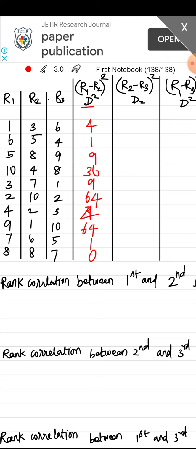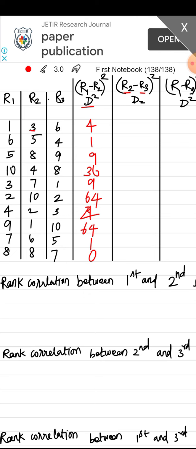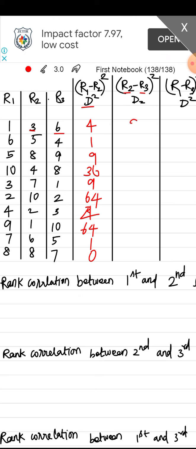Then we have to find the value of d square for the difference between r2 and r3. So 3 minus 6 minus 3, that is 9.